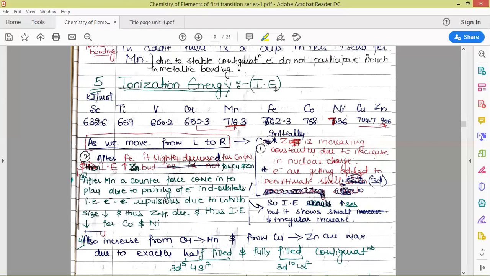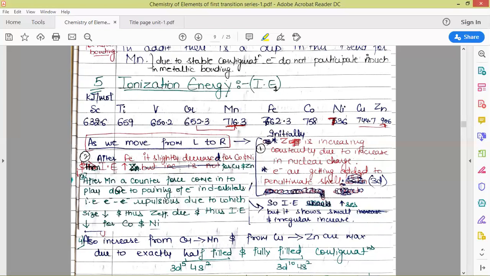So after iron, ionization energy slightly decreases for cobalt and nickel, and then it increases for copper and zinc. The reason for this is that after manganese, as we have discussed for the atomic radii, the electron pairing factor comes into play.